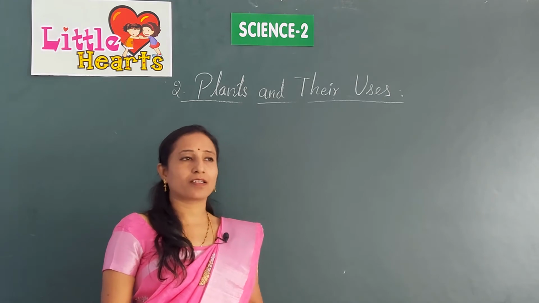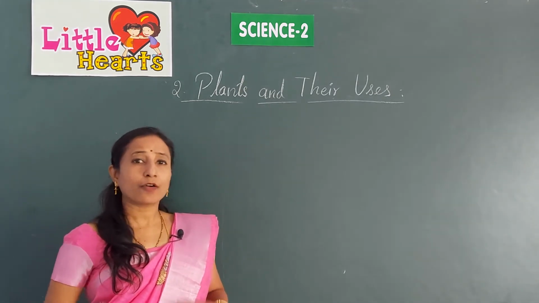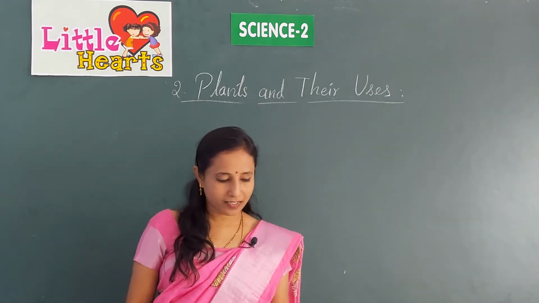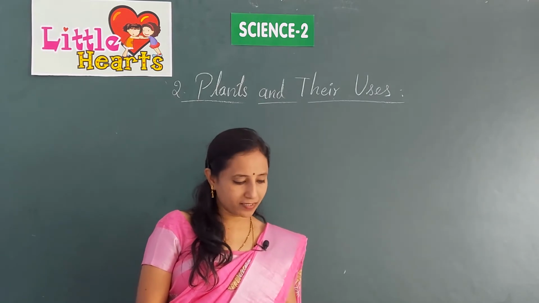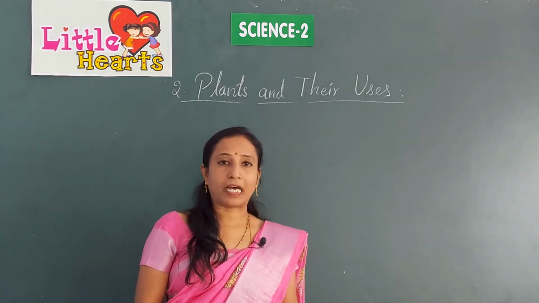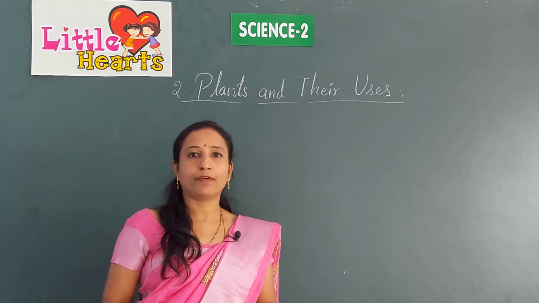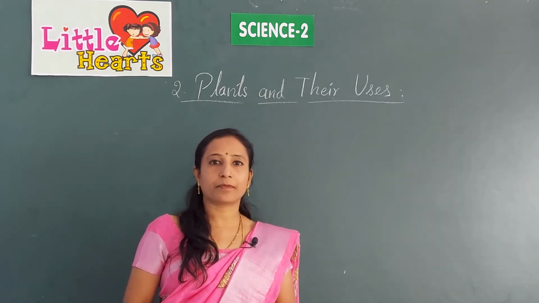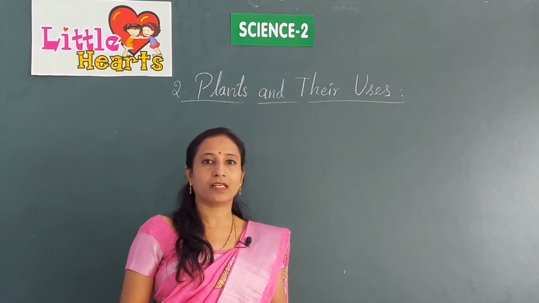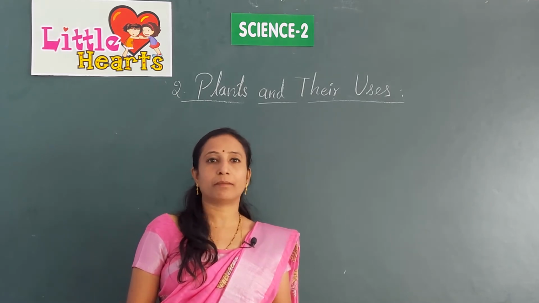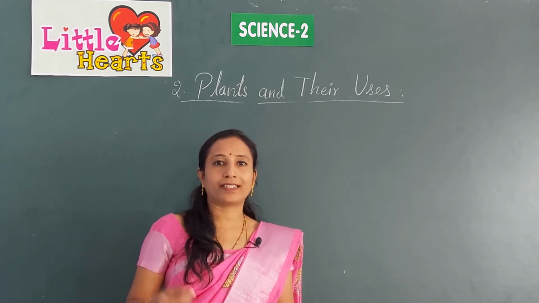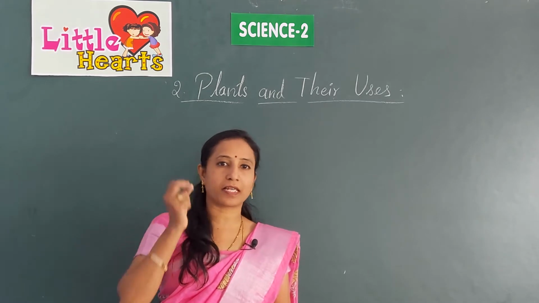Yes, plants also move. But how do plants move? Plants show their movements with the help of flowers, leaves and branches. They grow branches, flowers bloom, and when we touch some plants they close their petals.